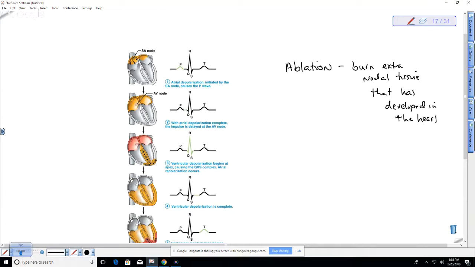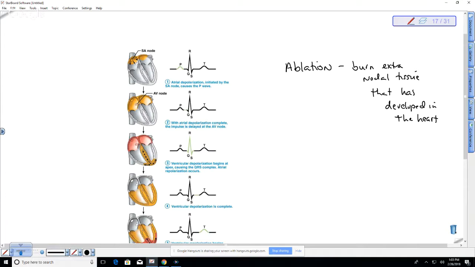Sometimes this happens in people that are very athletic, like long distance runners or long distance bicyclists. Sometimes their heart gets large because of the amount of blood that they're pumping, and then extra nodal tissue develops, which is not coordinated by the SA node, and so then you get arrhythmias developing. And so ablation is just that process of burning that extra nodal tissue that has developed, that is not supposed to be there.